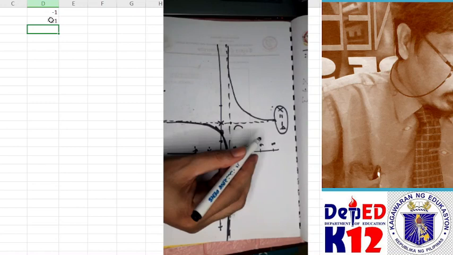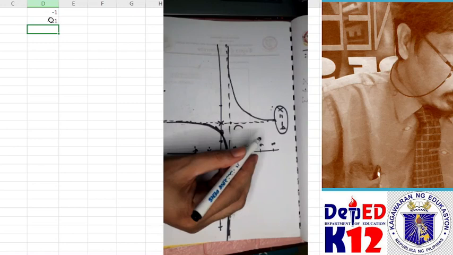Okay. So we have the following answers. Let us answer. Letter A, domain. Let us use this primary curve rather than the other one. So what is the domain?